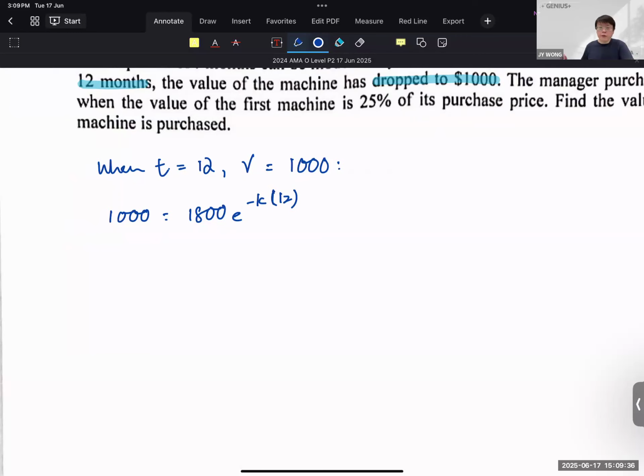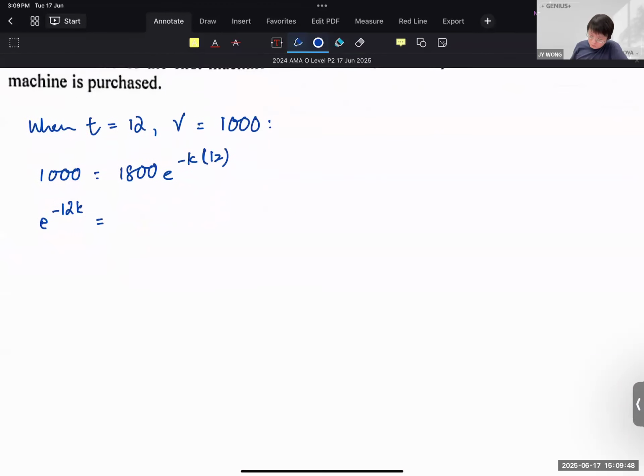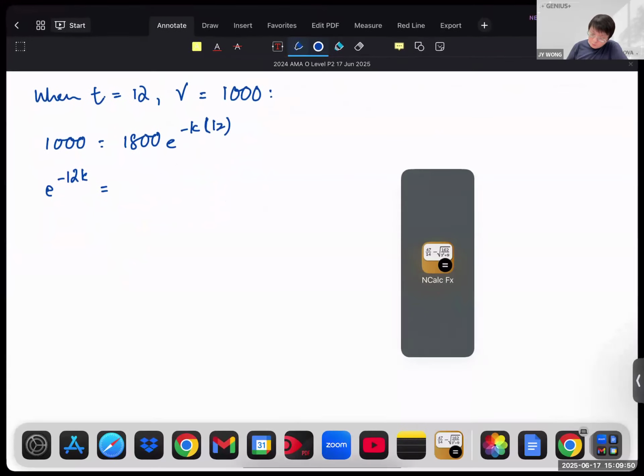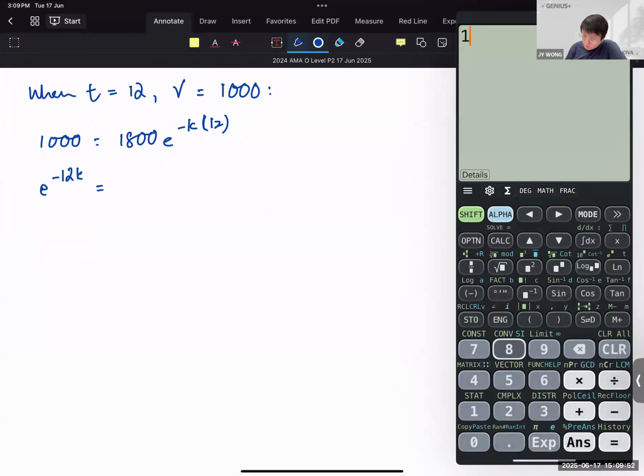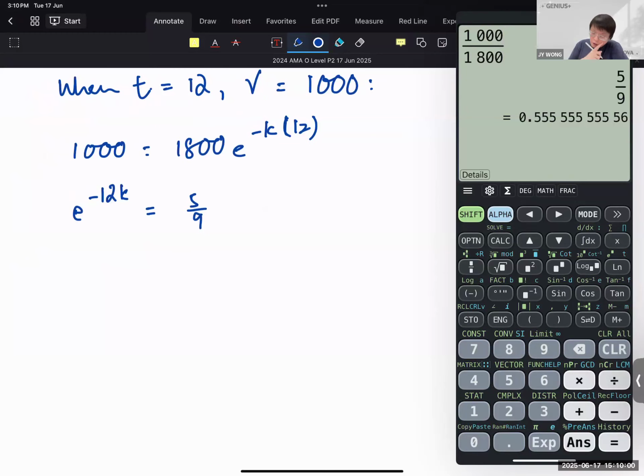Always make sure you know how to simplify this. Always divide away the constant first. So you will get e to the power of negative 12K is equal to 1,000 out of 1800, which gives me 5 out of 9. Therefore, you take ln on both sides.